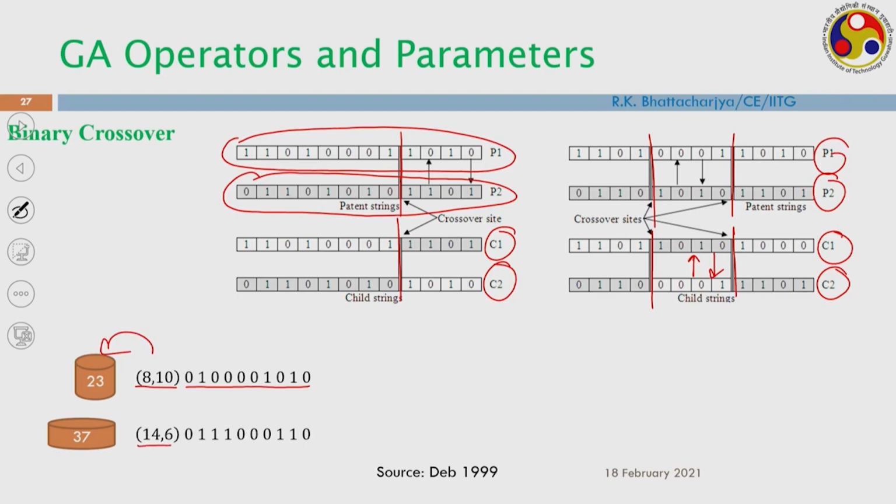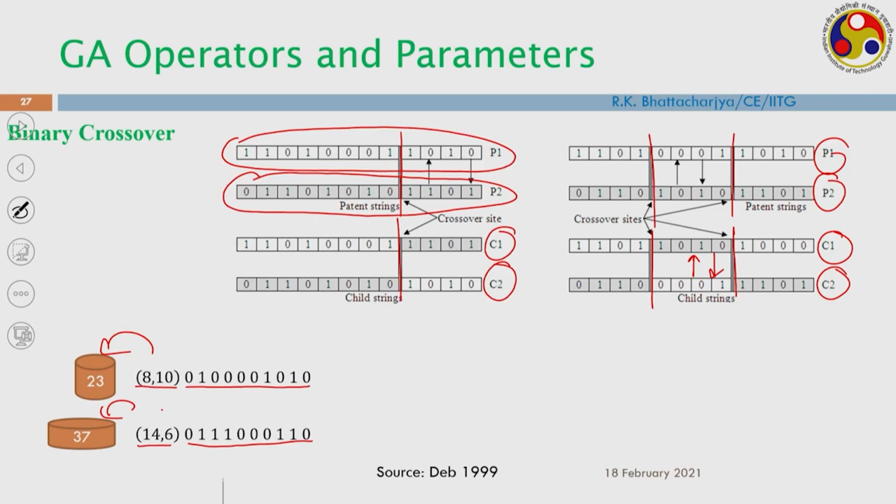These two solutions we are picking randomly. The corresponding chromosome is 0, 1, 1, 1, then 0, 0, 0, 1, 1, 0.